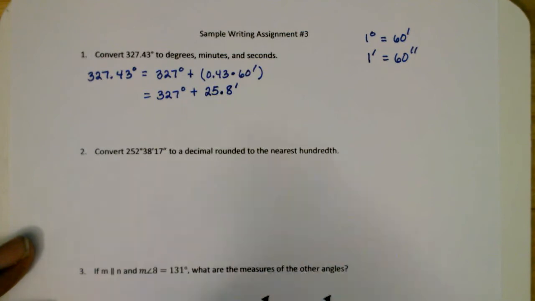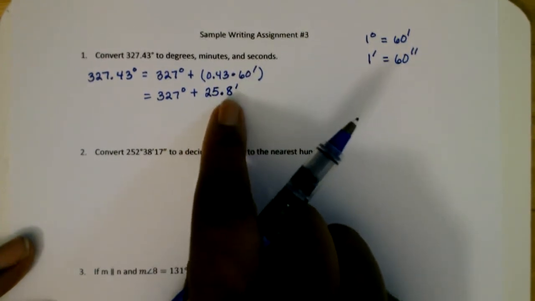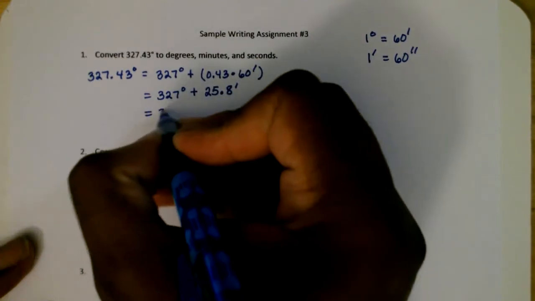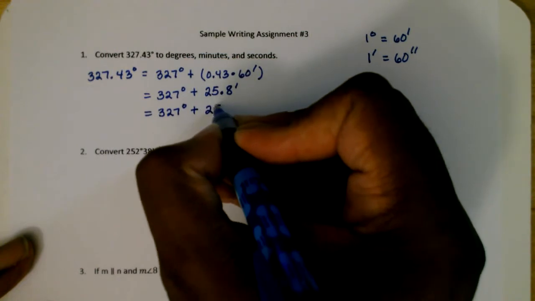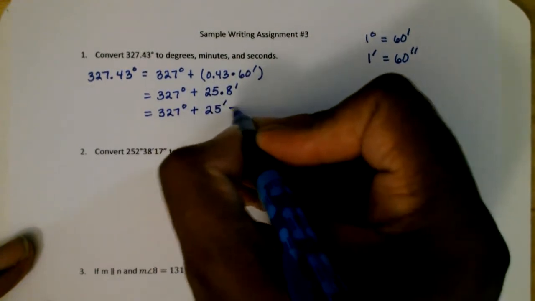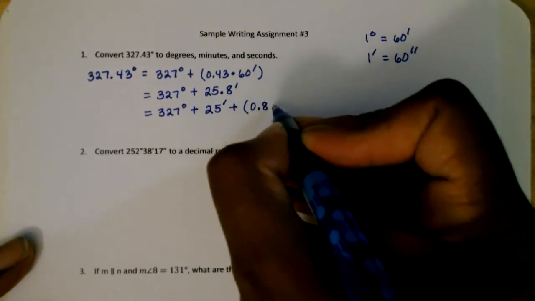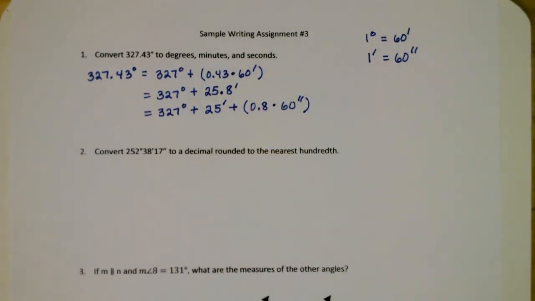But I'm not done yet because I can't leave this as a decimal part in minutes. I need to take that decimal part and change it to seconds. I know that 1 minute is 60 seconds. So let's bring down the 327 degrees plus this 25 in minutes plus the 0.8. I need to multiply that by 60 seconds because the 0.8 minutes needs to be converted to seconds.